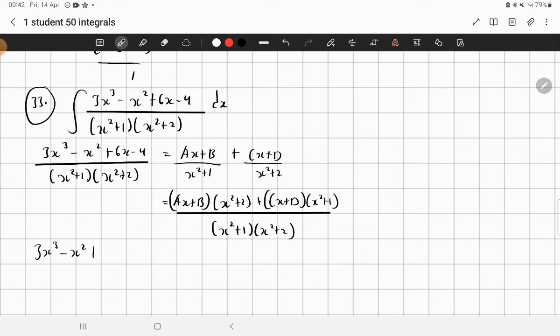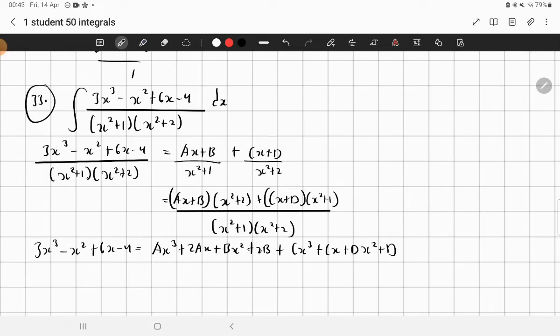So 3x^3 minus x^2 plus 6x minus 4 is equal to ax^3 plus 2ax plus bx^2 plus 2b, and then plus cx^3 plus cx plus dx^2 plus d.